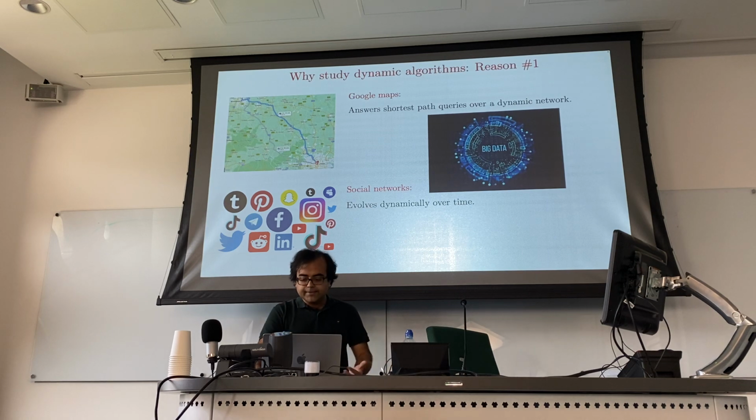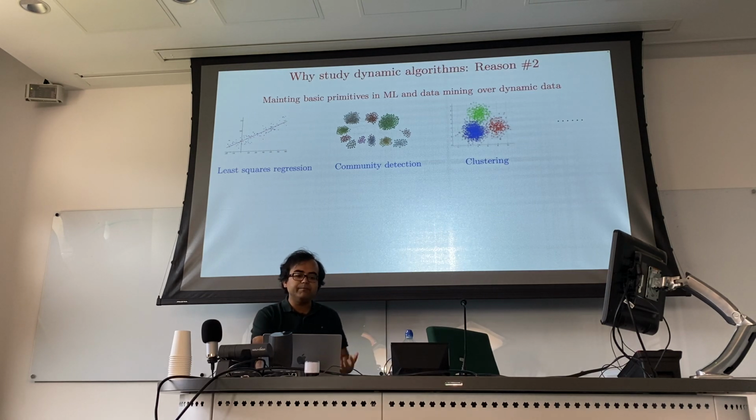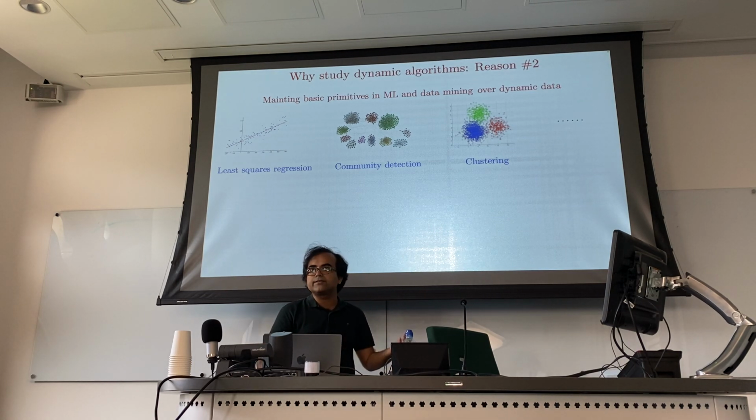The second reason is that if you look at communities outside of theoretical computer science, in machine learning or data mining, they care a lot about some basic computational primitives like least square regressions, community detection over a social network, or clustering and so on. In most applications where these primitives are useful, the underlying data is evolving dynamically over time.